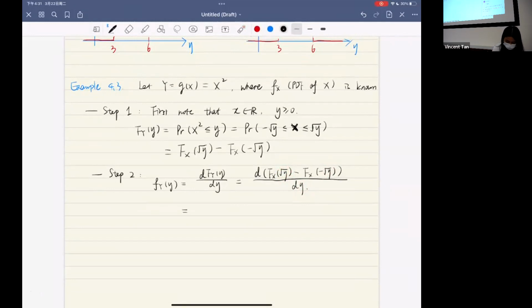So we can apply a technique here. Maybe you haven't learned it before, but you can just remember it. Instead of differentiating over y, we differentiate over square root y here.